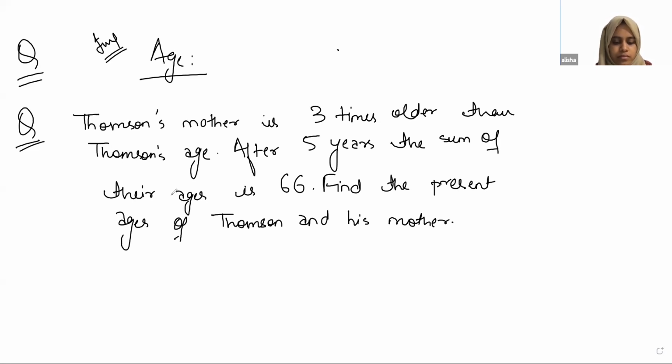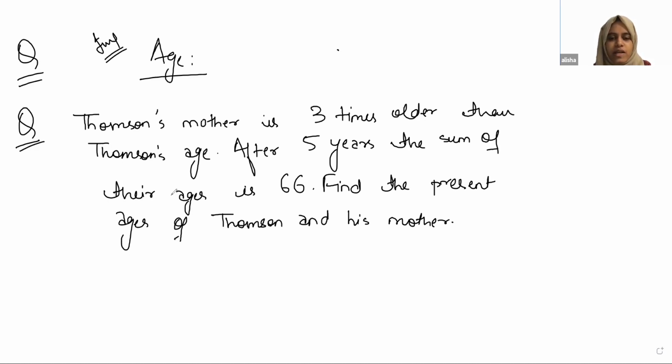Let Thompson's age be X and then into 3, right? You have written let Thompson's age be x. Now what else is the question saying? Thompson's mother is 3 times Thompson's age. So if Thompson's age is x, we can assume that Thompson's mother is 3x.